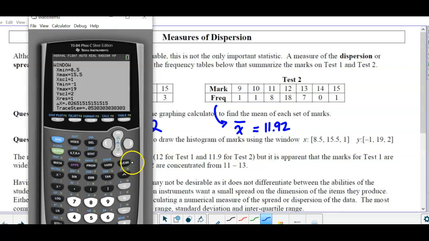Scale doesn't really matter. Okay, and then we have to tell the calculator to do a histogram. So remember, that's a stat plot. So second Y equals, so we probably already have a box and whisker entered in there. So it's still on, or mine is still on, yours probably is too.